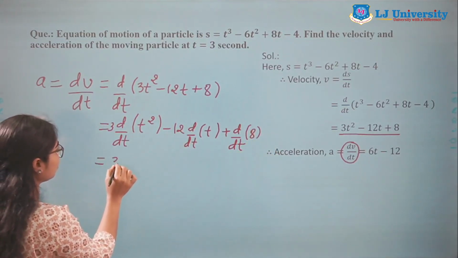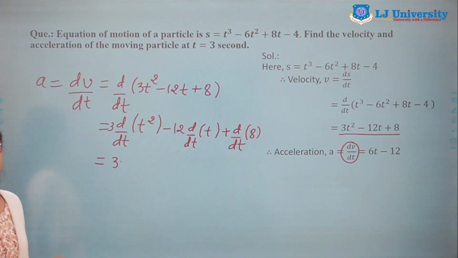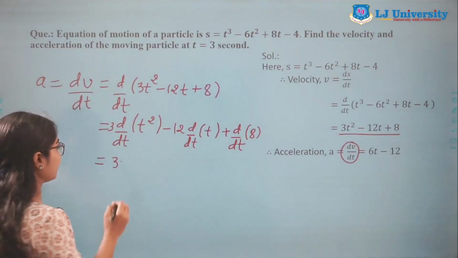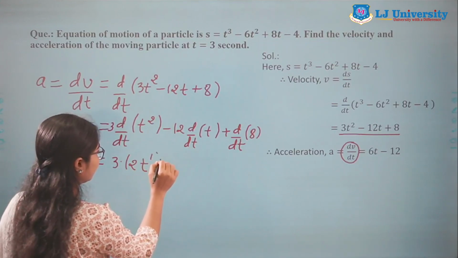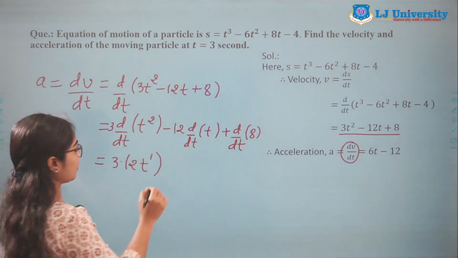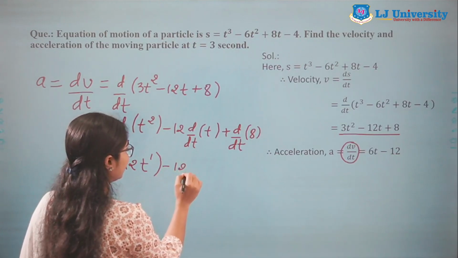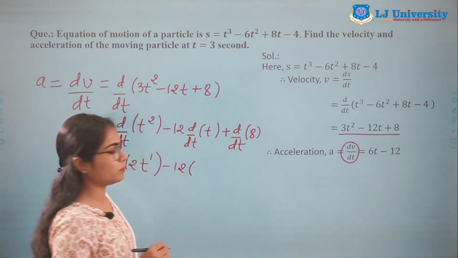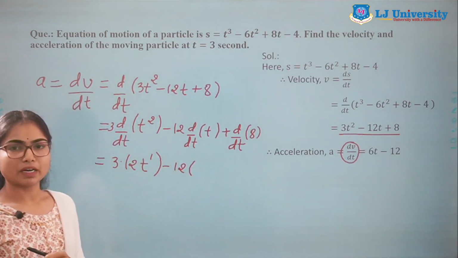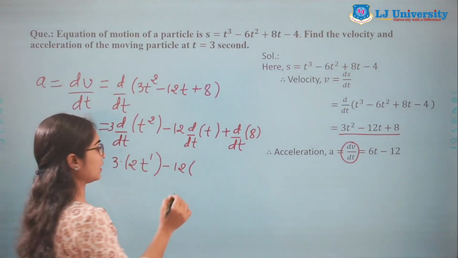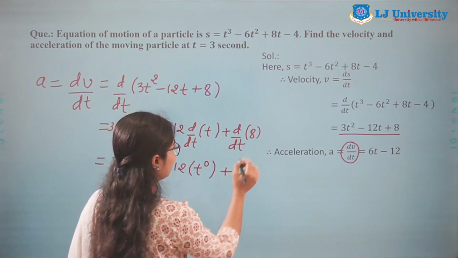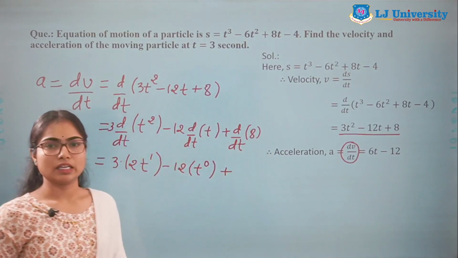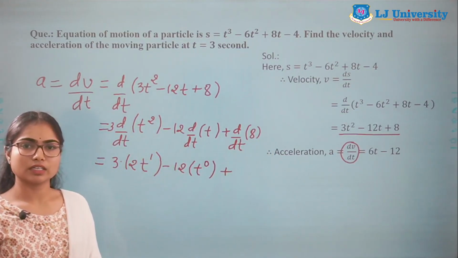Which equals 3 into, what is the derivative of t square here? 2 into t to the power 2 minus 1, that is t to the power 1, minus 12 into the derivative of t, which is t to the power 1 minus 1, that is t to the power 0, plus here 8 is constant and we know that the derivative of a constant is 0.